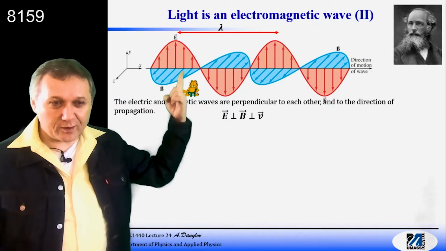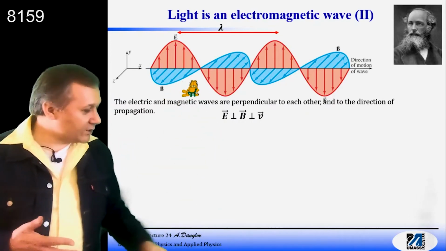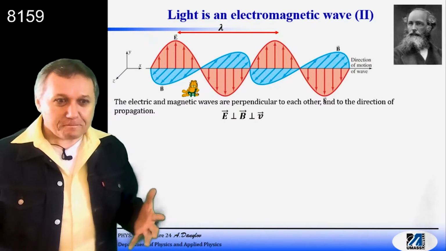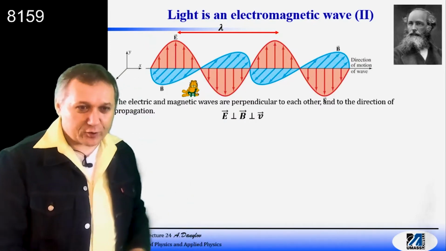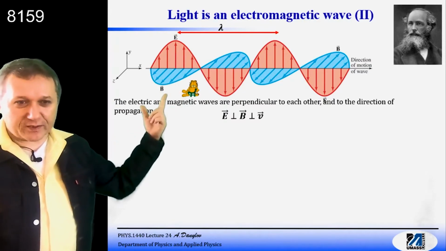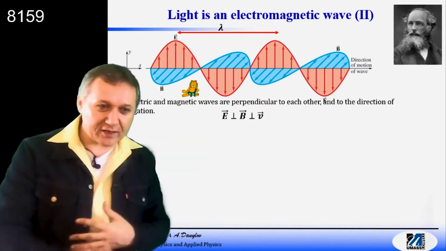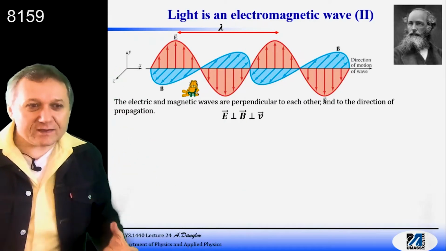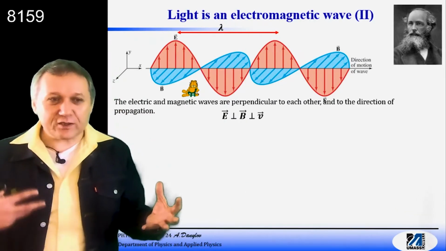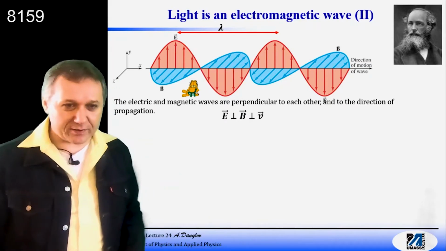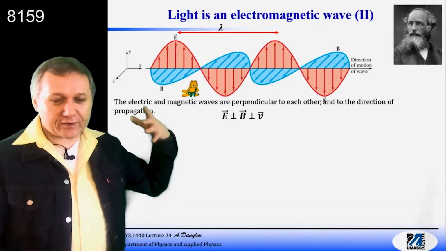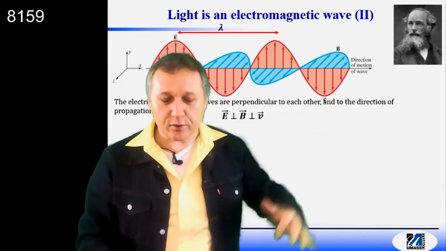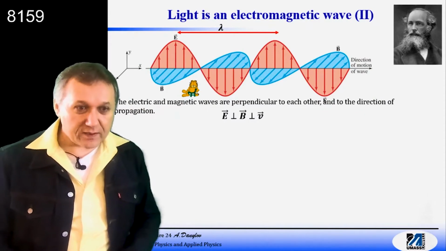This electric field, oh my God, so these two fields, electric and magnetic field, produce each other. First, electric field produces magnetic field, and at the same time, changing in time, magnetic field produces electric field. It's the most amazing system, the most self-supporting, self-sustainable system. So electric field produces magnetic field produces electric field, and they happily propagate through space.